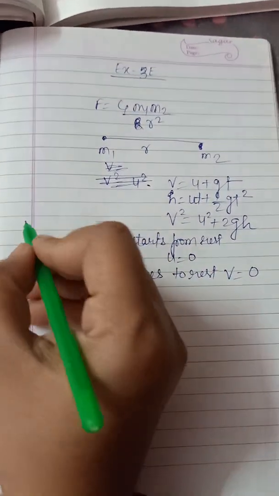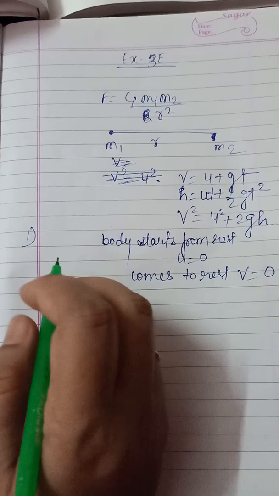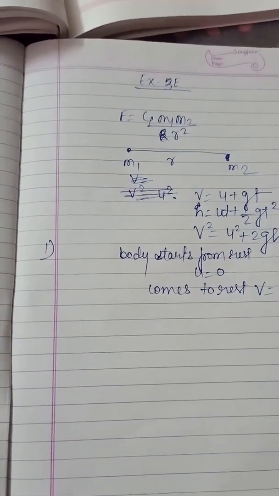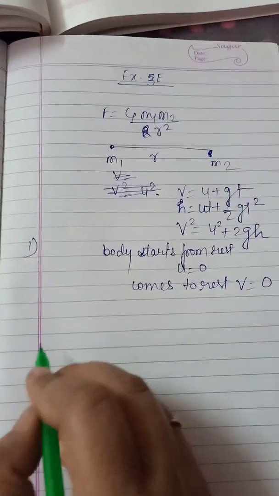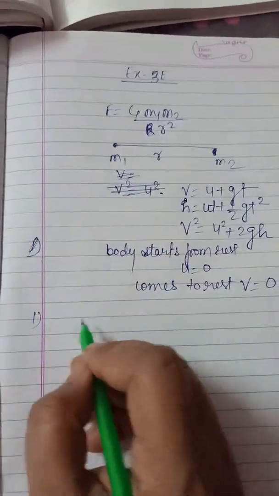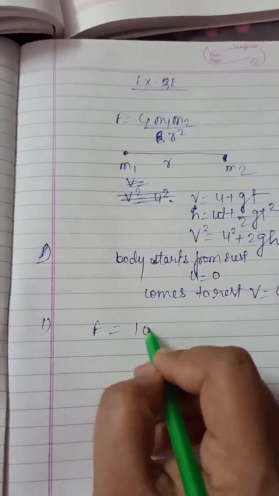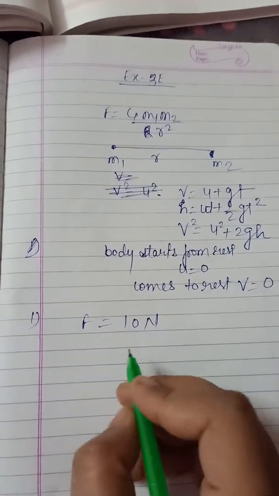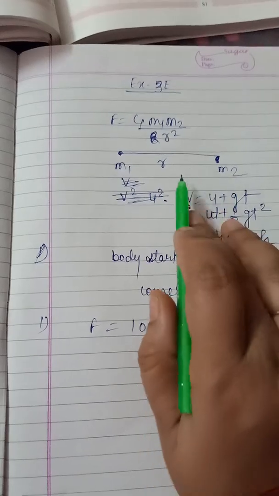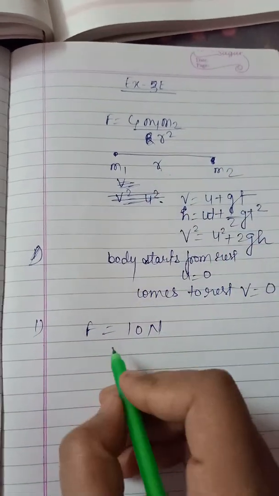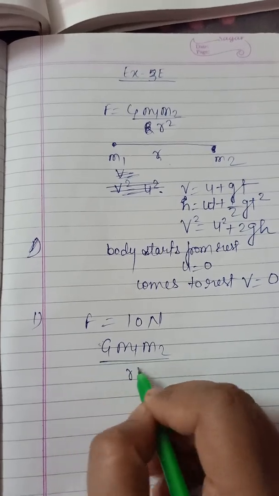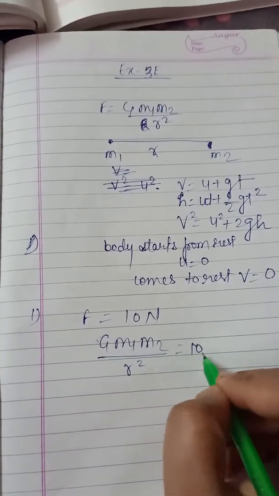We have the first question. The force of attraction between two bodies at a certain separation is 10 Newton. What will be the force of attraction between them if the separation is reduced to half? Initially we have the distance r, then F is equal to G m1 m2 by r square is equal to 10 Newton.